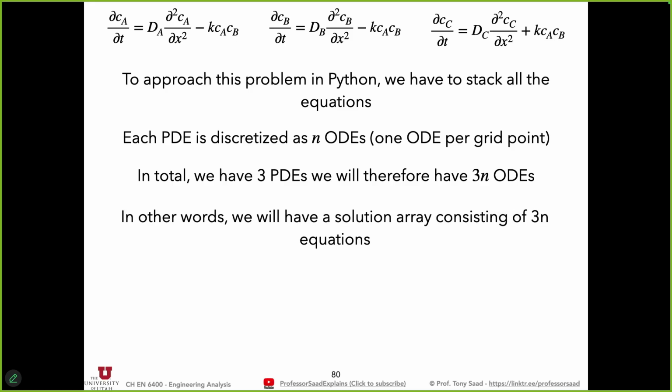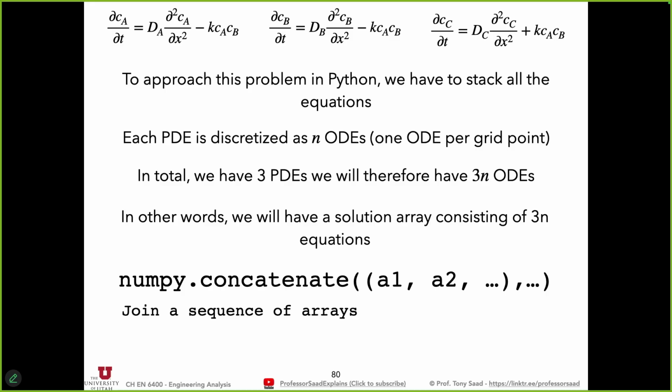All right, now our solution array will then consist of 3n equations. We are going to treat this as if we're doing one PDE at a time. So we have n equations for the first PDE, n for the second PDE, and n for the third PDE. Then what we will do, we're going to concatenate them. So there's a new tool that we're going to learn today. From NumPy, we're going to concatenate, which means we're going to put all of these equations back to back.